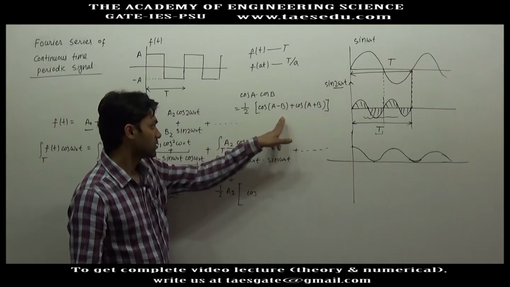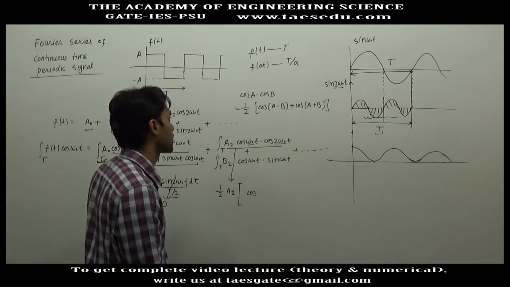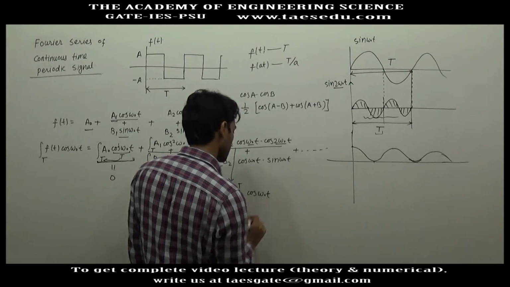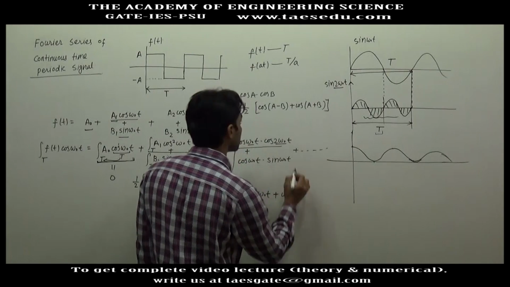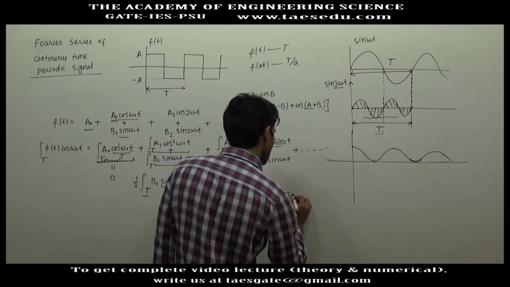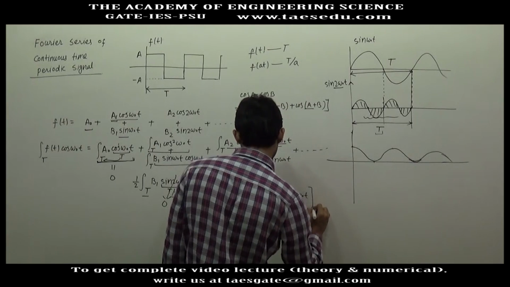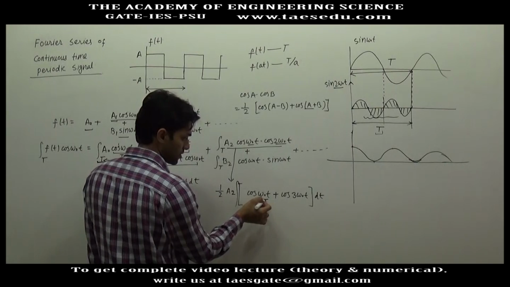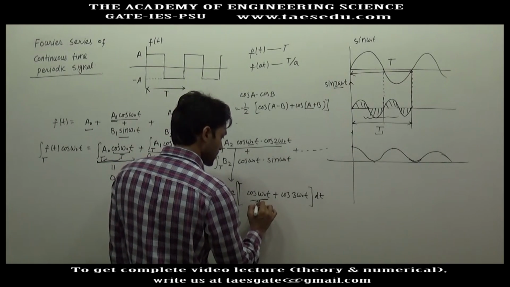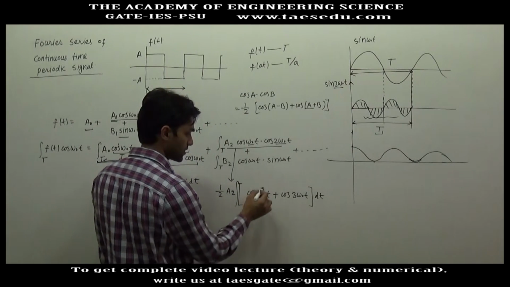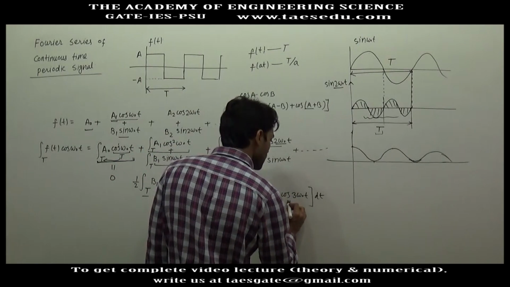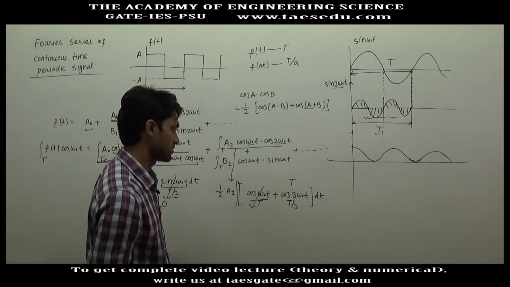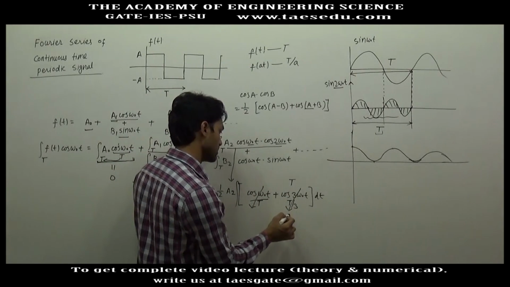If you subtract, you get minus omega naught t, and cos minus theta is cos theta, so I will write it as cos omega naught t plus cos A plus B, which is cos 3 omega naught t. You have to integrate it. Its time period is T by 3, integrating for the complete duration T, this will have 3 complete cycles, so its integration will again be 0.